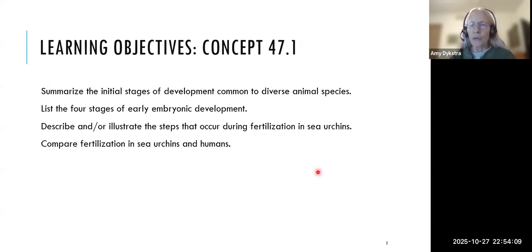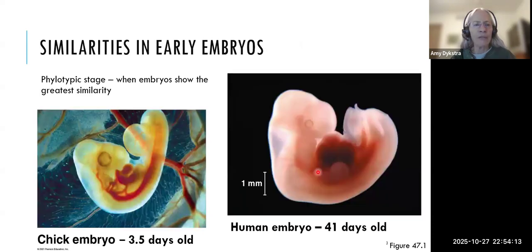Okay, so first of all, let's talk about how different animals can often be very similar in their early embryos. And so here's a picture from the beginning of your chapter, chapter 47, and it shows a chick embryo and a human embryo. And you can see that there are some striking similarities. You can see that there is this early development of the structure that will become the backbone, and you can see some of the organs developing.